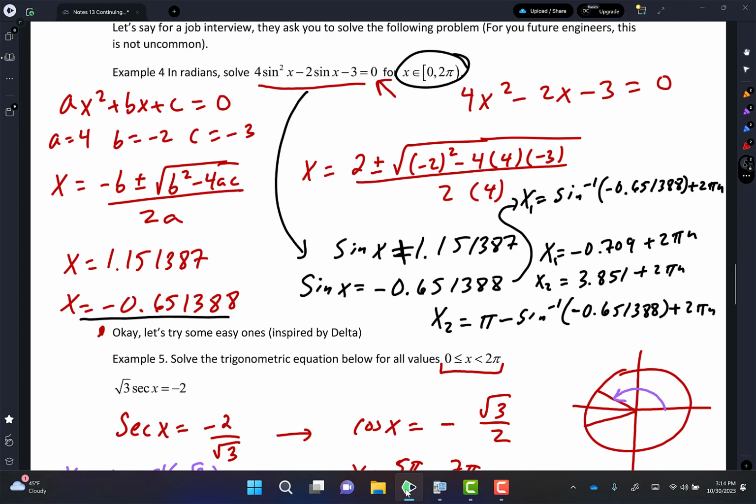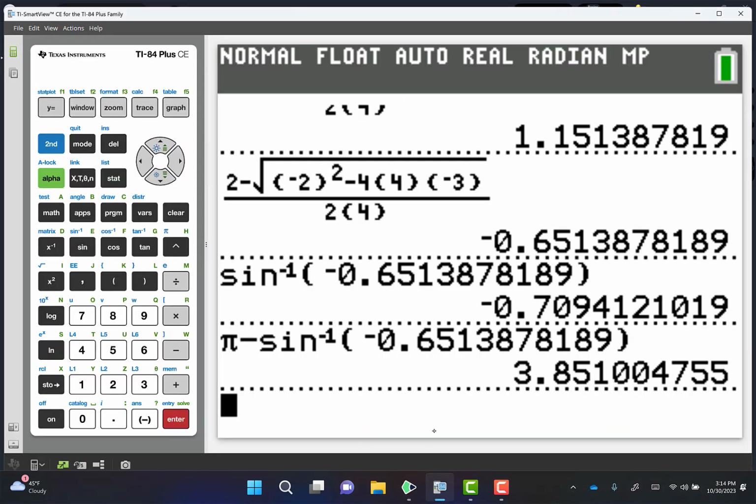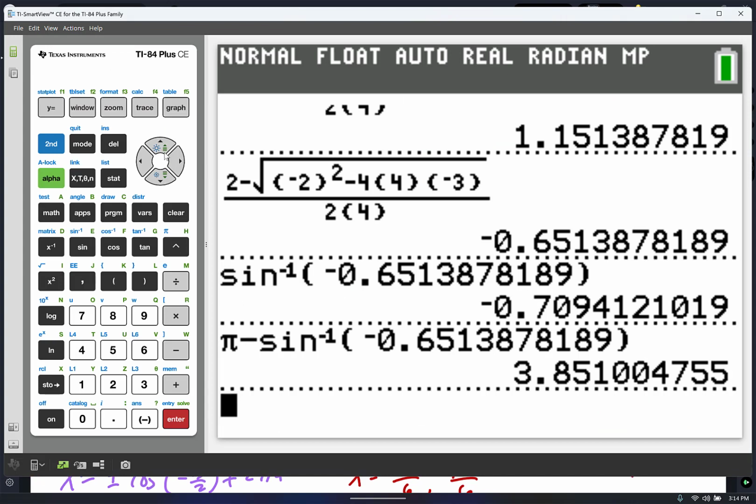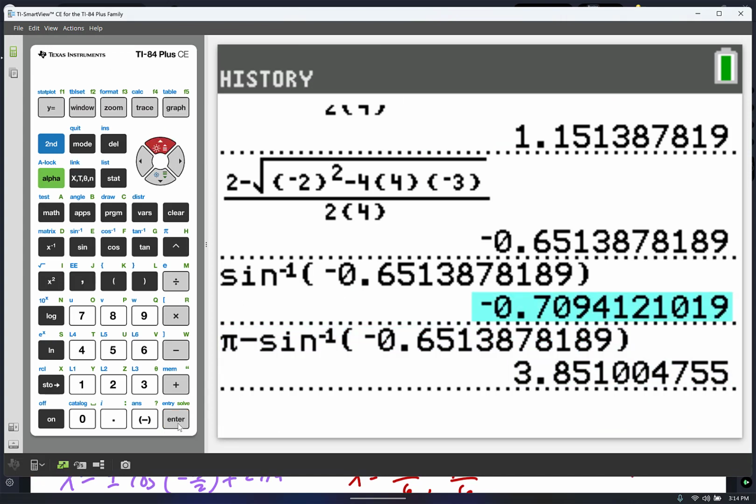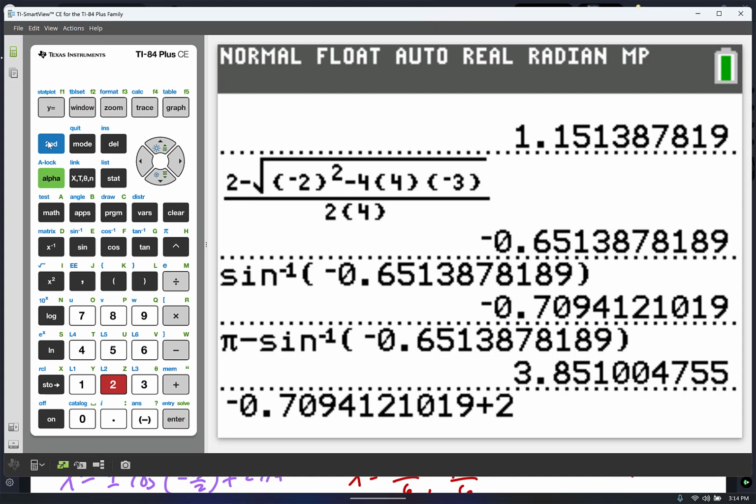Okay, finally, here are your answers. You only have two. Answers: x equals this one, 3.851, and the other one is this negative 0.709 plus 2 pi. So I just go back to my calculator, and I look for the negative 0.709. I push enter, and I go plus 2 pi.